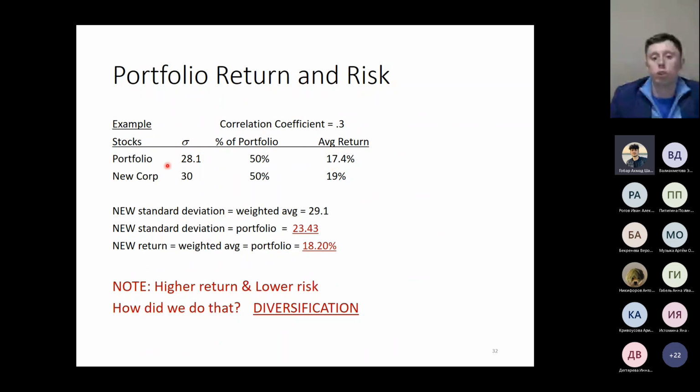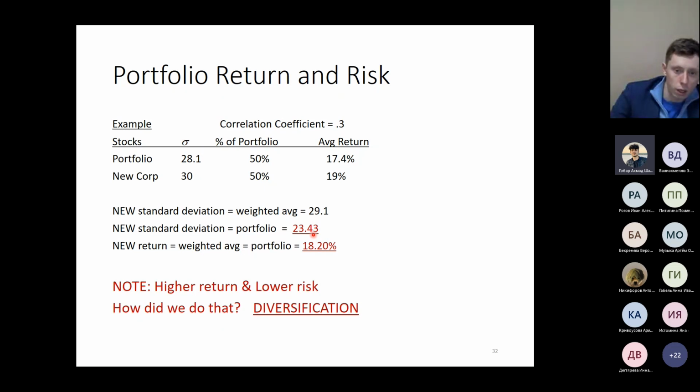Then we introduce one more stock that we add into the portfolio, having 50% of the previous portfolio and 50% of the new stock. The formulas here are not written down completely, but here we have only the final results.